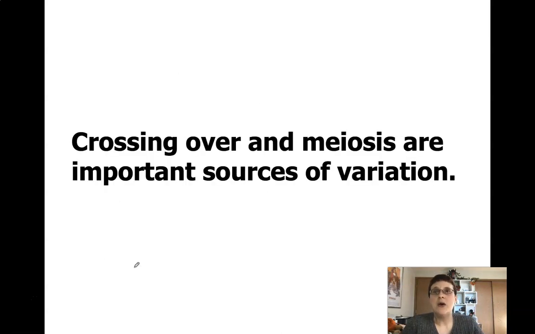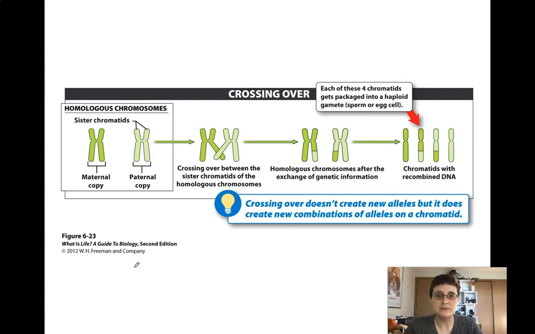All right. So I just want to point out again that meiosis creates variation, and there are a couple of ways that happens. One is crossing over, which was pointed out in the video. So you get crossing over during prophase 1, and this might be a little easier to see. Those homologous chromosome sets line up together.